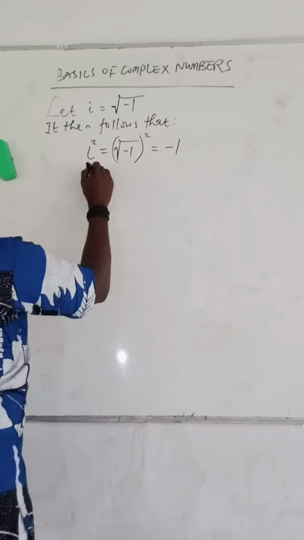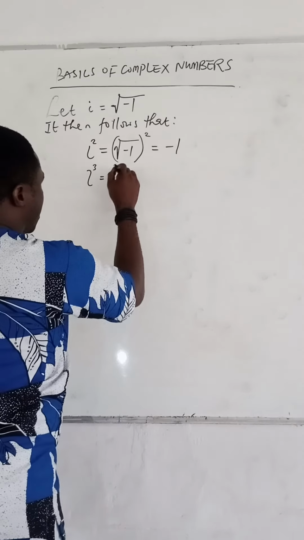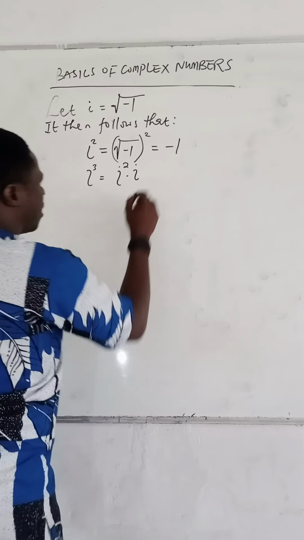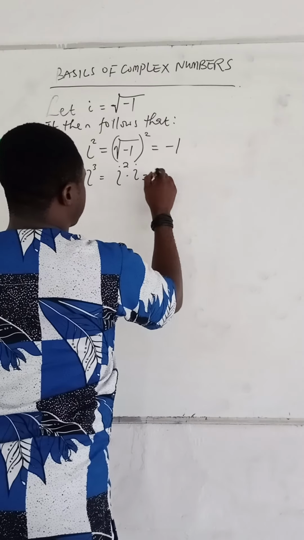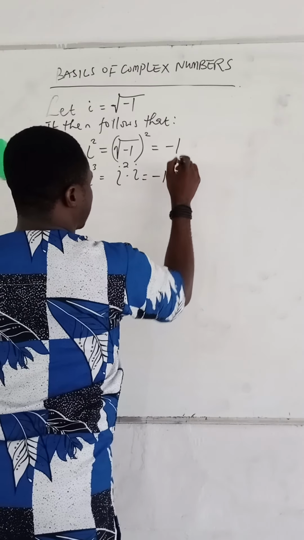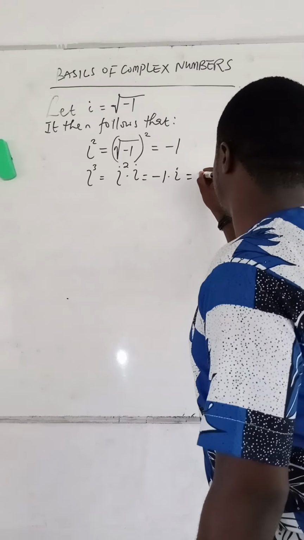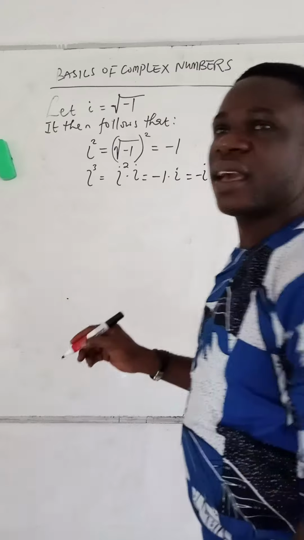Also, i cubed equals i squared times i, which equals minus 1 times i, which is equal to minus i.